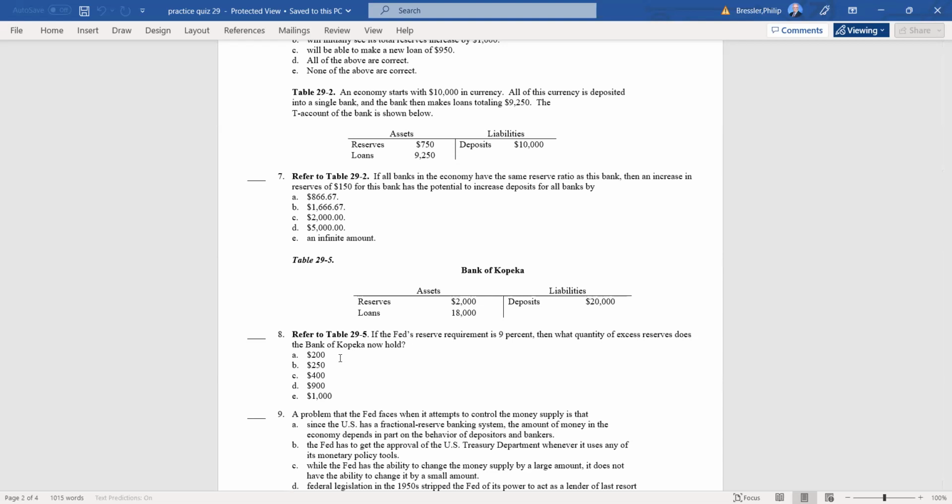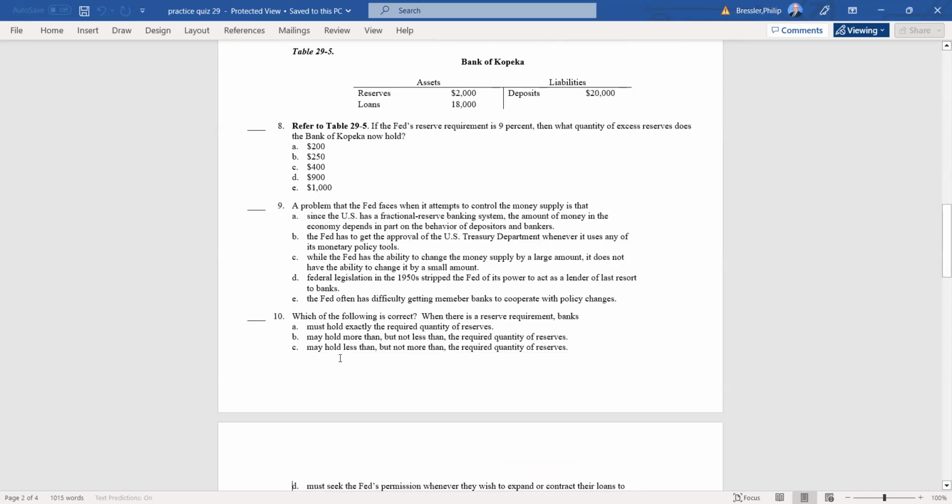Now they could ask you, how about if they lend out that excess reserves? Then you'd have to take the multiplier, which is 1 over 0.09. That would be 200 times 11.11. They could also ask you, what is the reserve requirement? They gave you 9%, but if they didn't give you anything, it would be 2,000 over 20,000. So it'd be 10% there. Those are the type of questions.